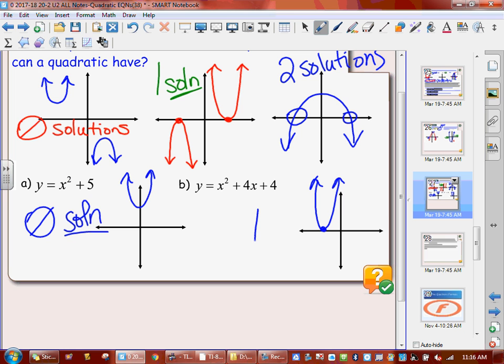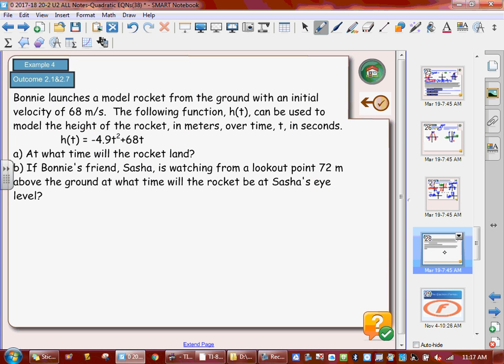The last question is a problem-solving question on the bottom of page 14. You're always going to get a question where they either launch a rocket, or throw a ball or a football, and it makes an arc, or maybe they hit a golf ball, because they always make some sort of arc.